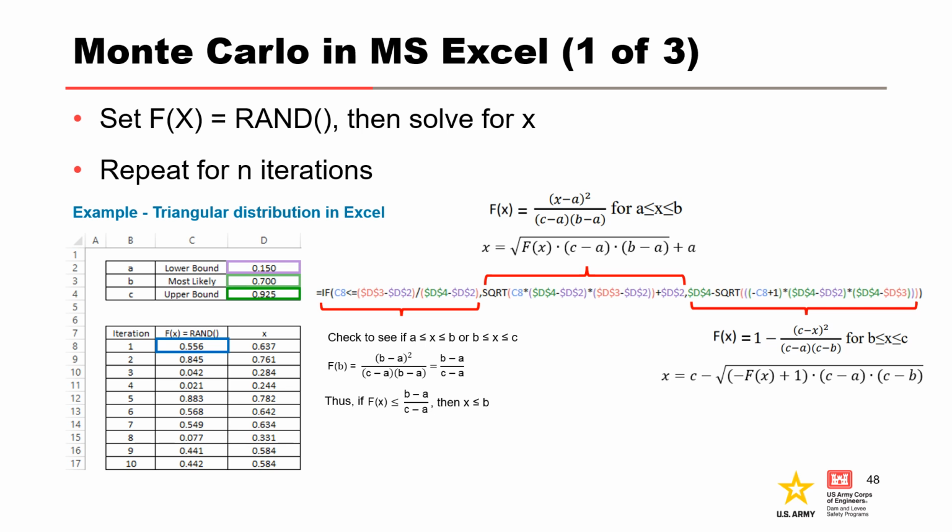The equation in the middle of the screen is for when x is between a and b, and the equation at the end is when x is between b and c. So, f of x is equal to a random number between 0 and 1. We know what a, b, and c are, so we can solve for x with each iteration to sample our triangular distribution.